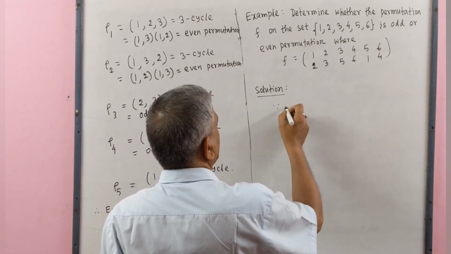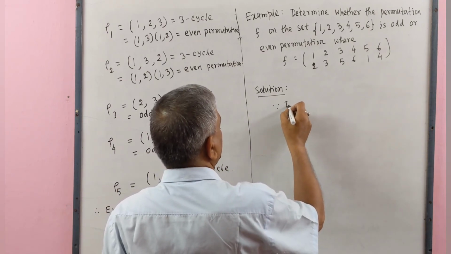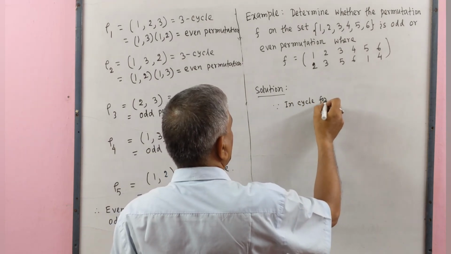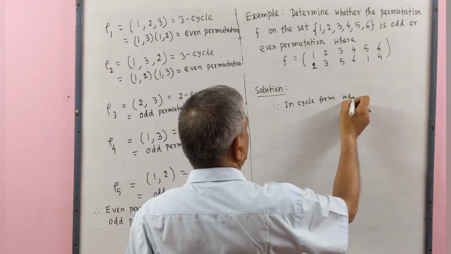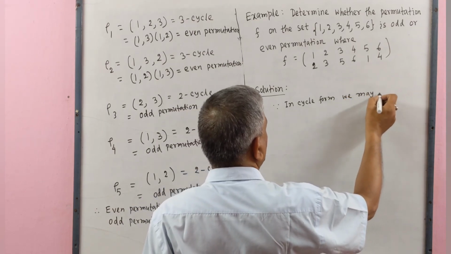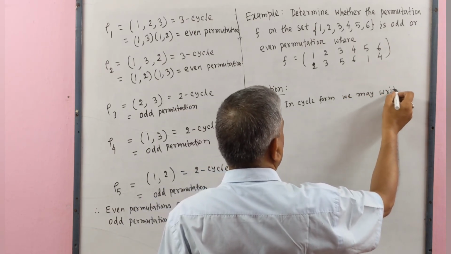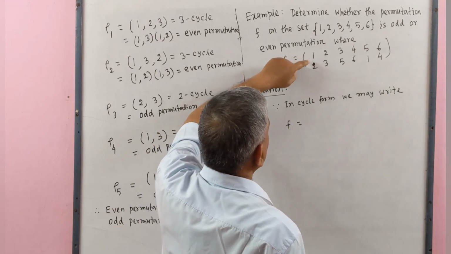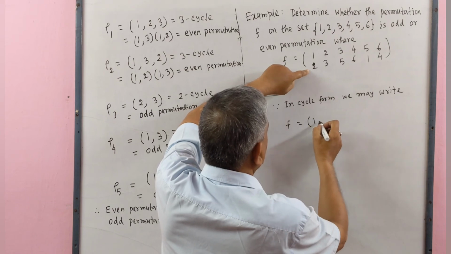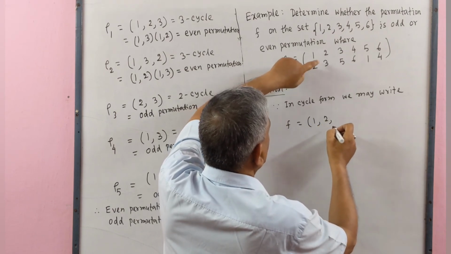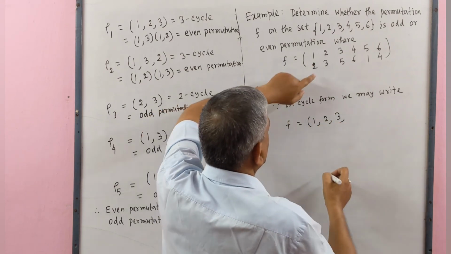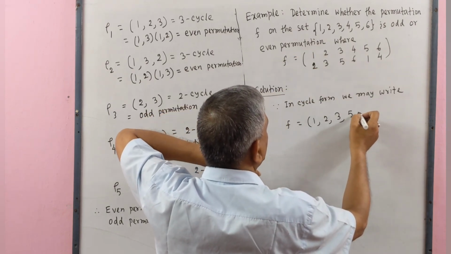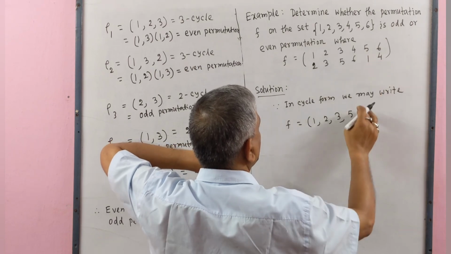Since in cycle form we may write F equal to: here the image of 1 is 2, so we write 1 2, image of 2 is 3, image of 3 is 5, image of 5 is 1.